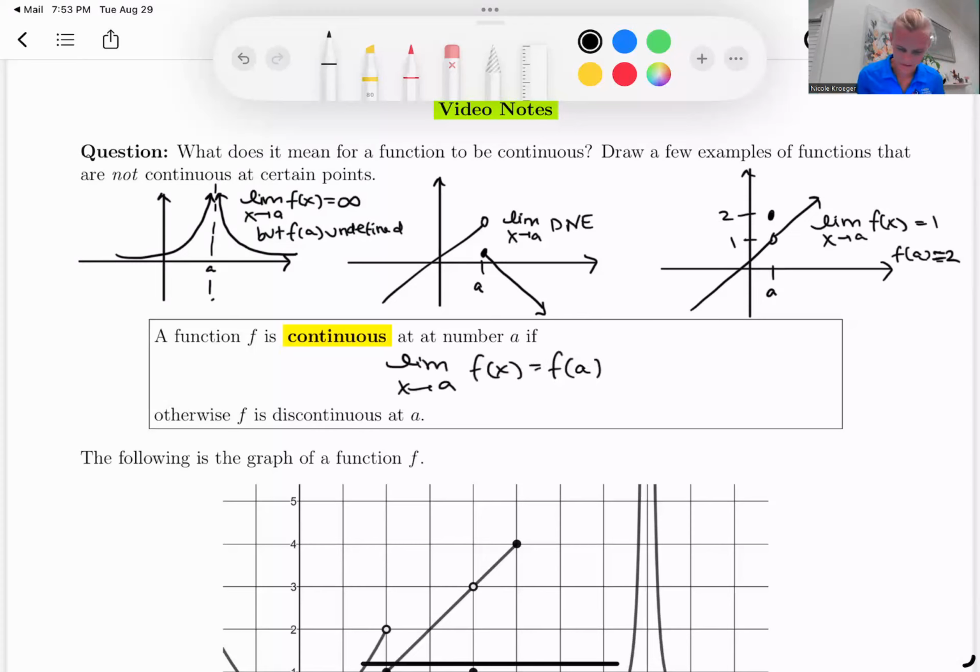If we picked this value here to be our a, the limit is that y value, and that's also the value of the function there. So you can still think about continuity the same way: if I have to pick up my pencil in order to draw the graph, then my function's discontinuous, but also think of it in terms of limits.